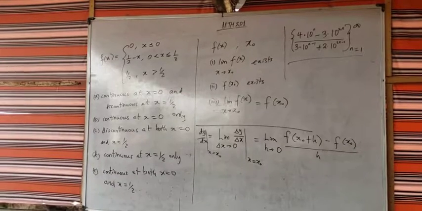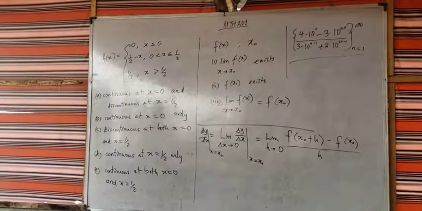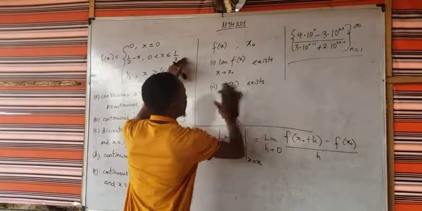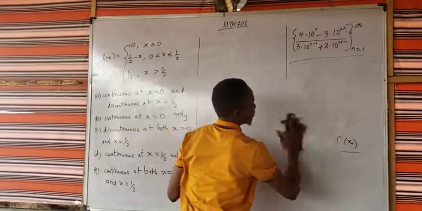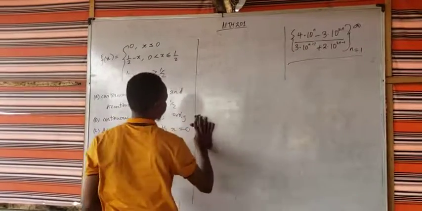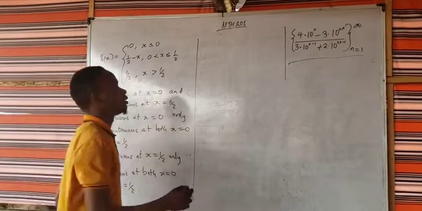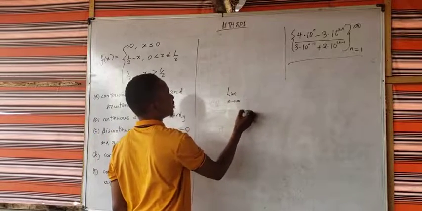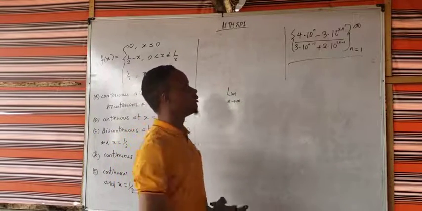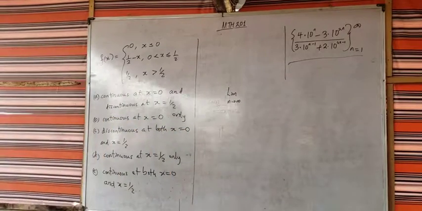So let's quickly solve these two and go. Plus 2 times n squared. This one is fun. We want to get the limit of this as n approaches infinity. And I told you the idea with limits at infinity is that you can divide through by the highest power in the denominator.